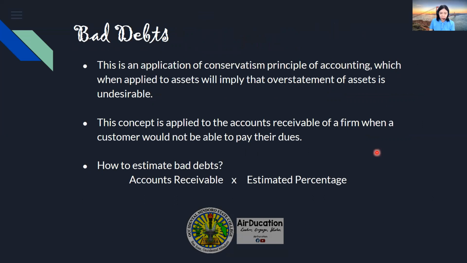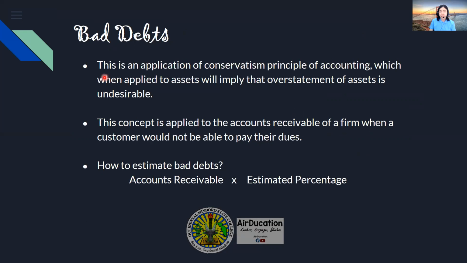Ang bad debts po, ito yung mga receivables natin from the customer which happened na hindi na possible or possible na hindi na mabayaran ng customer. Again, these are our receivables na possible na hindi na nila mabayaran.